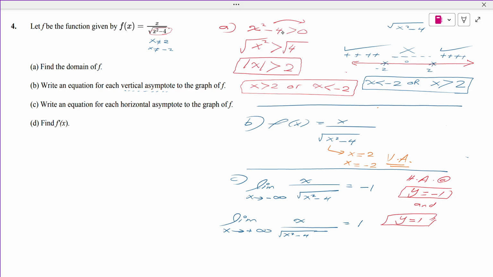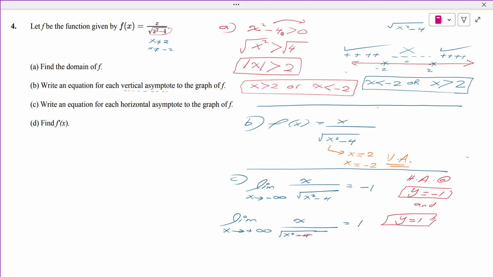So we said that we can divide everything by x squared, for example, here, or we can factor out x squared from the denominator. We can just say that the minus 4 has no effect compared to x squared.